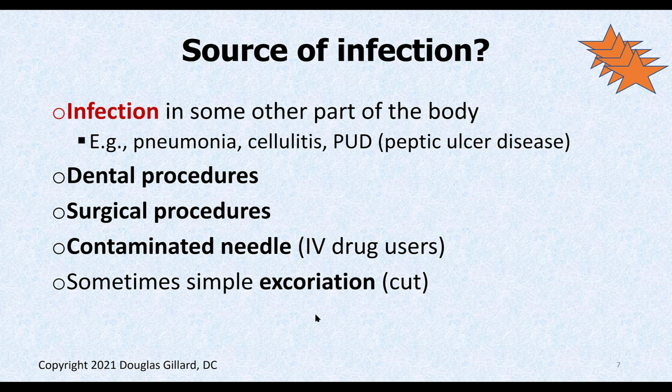What's the source of the infection? Well, you have to get an infection somewhere else first, and then it travels to the heart from some other region. So the lungs could get infected.